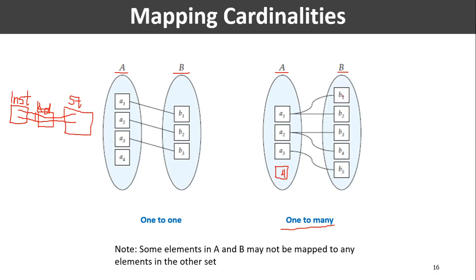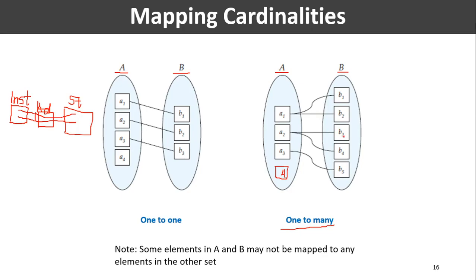However, an entity in entity set B can be associated with at most one entity in A. This means that B1 is associated with only one entity in A, that is A1. B2 is also associated with only one entity in A, that is A1.